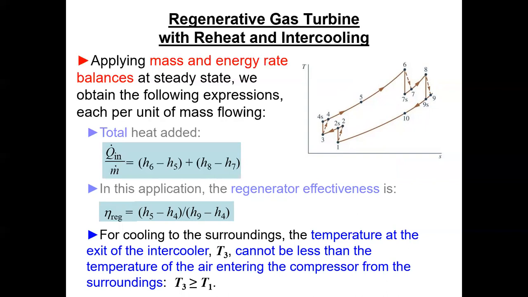And 4 is what's going in on the other side. So the maximum potential is to heat 4 all the way to 9. That's what we divide by. What we actually accomplished was we heated 4 to 5. There you go. Yeah, good question. Anything else?